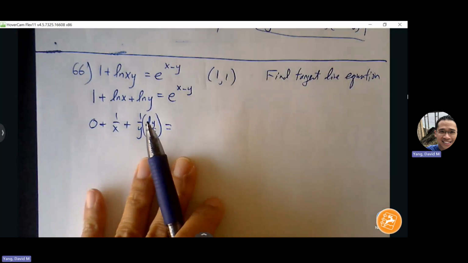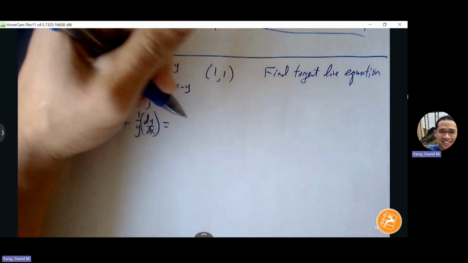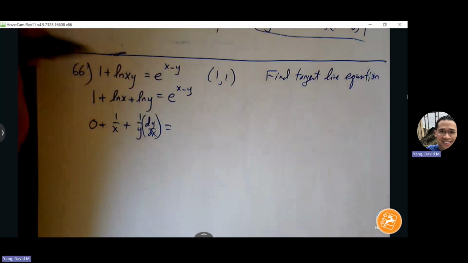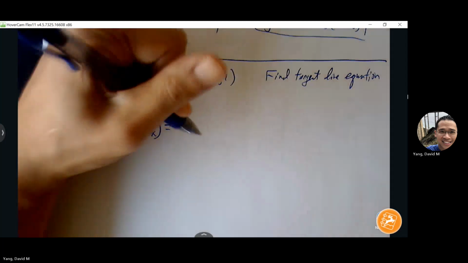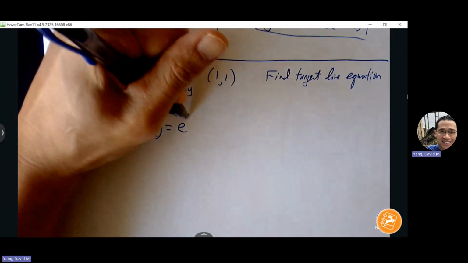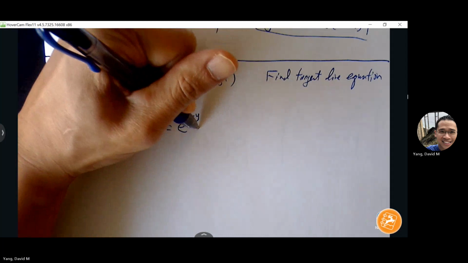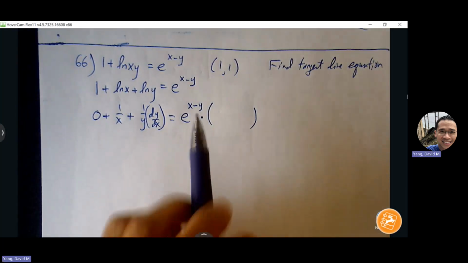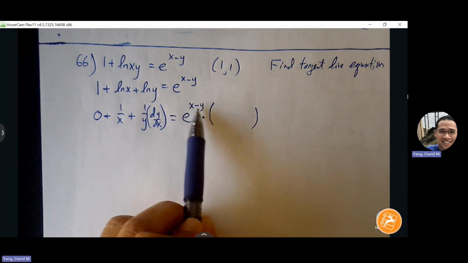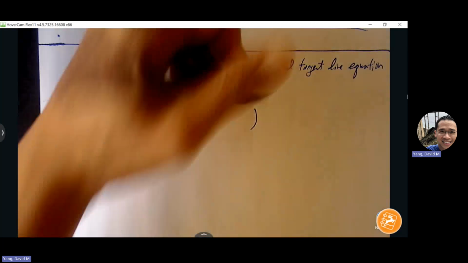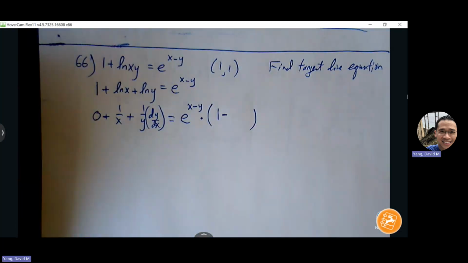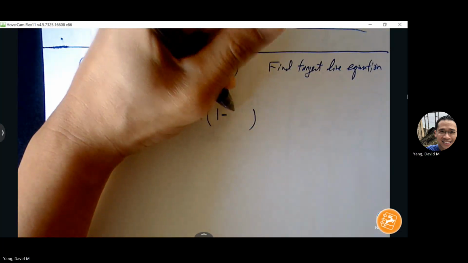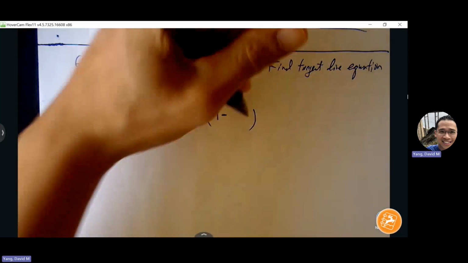So let's go through that process. e to the x minus y starts off with the original expression showing up in the derivative, times the derivative of my exponent. These are just separate terms, so we can take each derivative separately. x becomes 1, y becomes... good, 1 dy/dx.